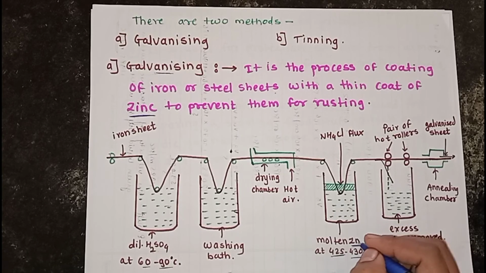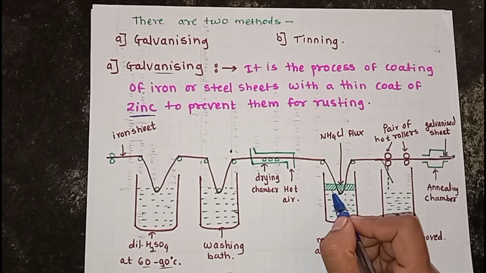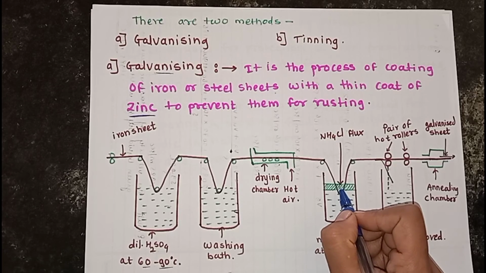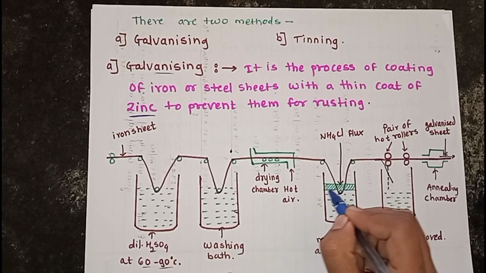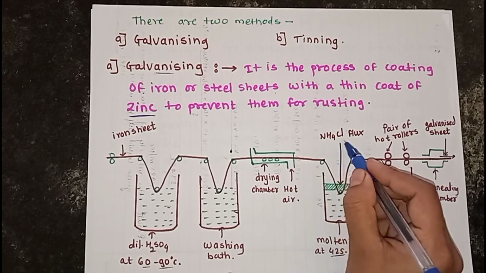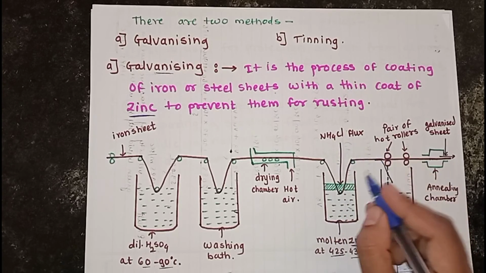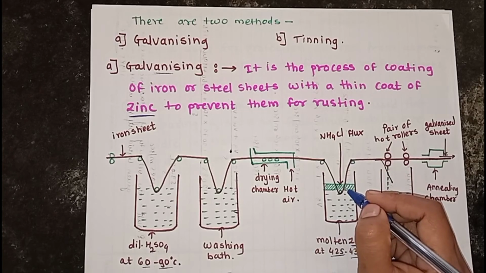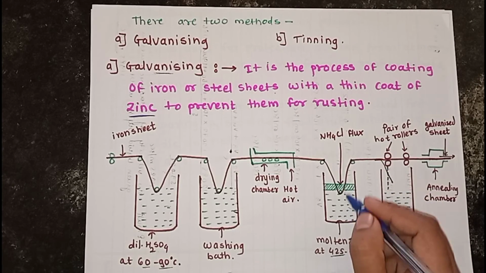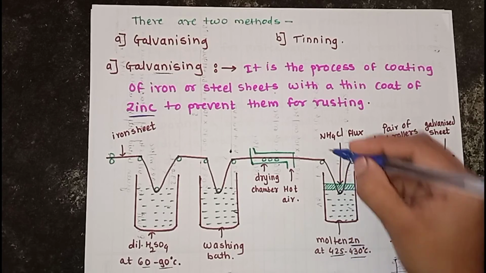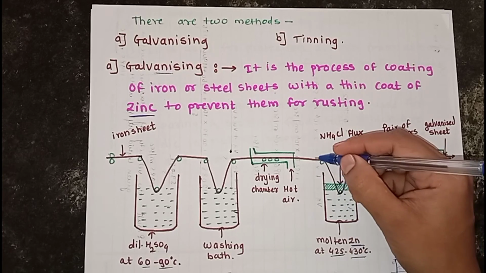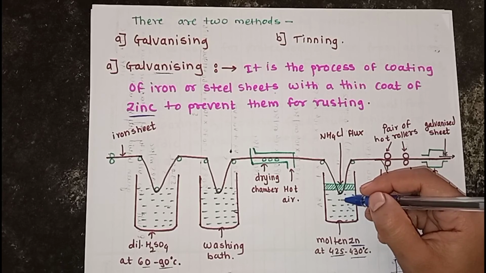The surface of this bath is kept covered with a flux of ammonium chloride, that is NH4Cl. The surface of this tank is covered by this ammonium chloride flux because this flux can prevent the oxidation process.